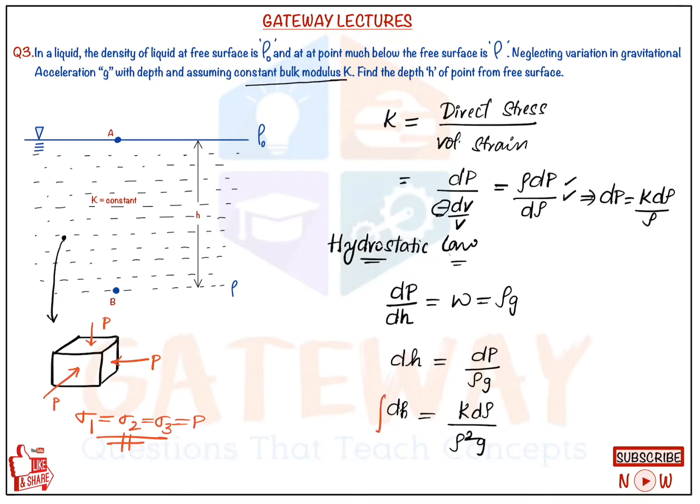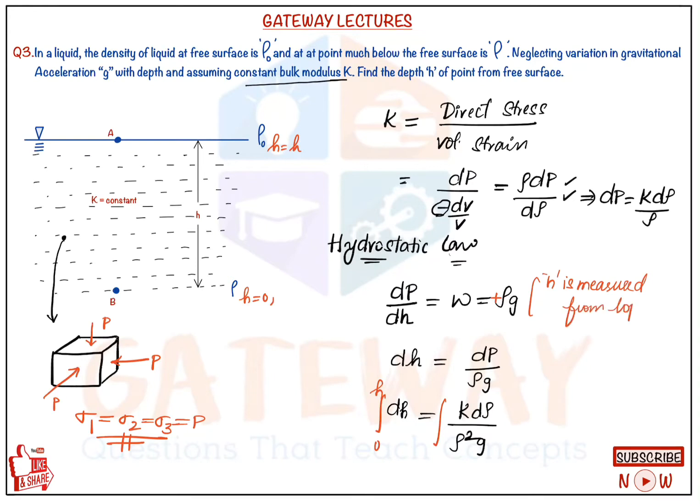Now we'll apply integration on both sides. For integration, the limits of h are from 0 to h, and for density, from rho naught to rho. One more thing to note is that this is positive only when h is measured from the top.